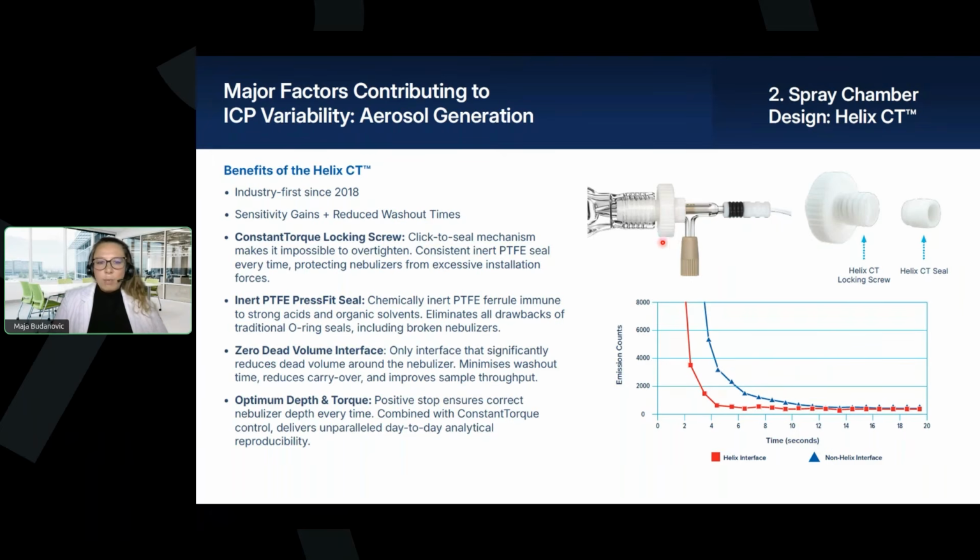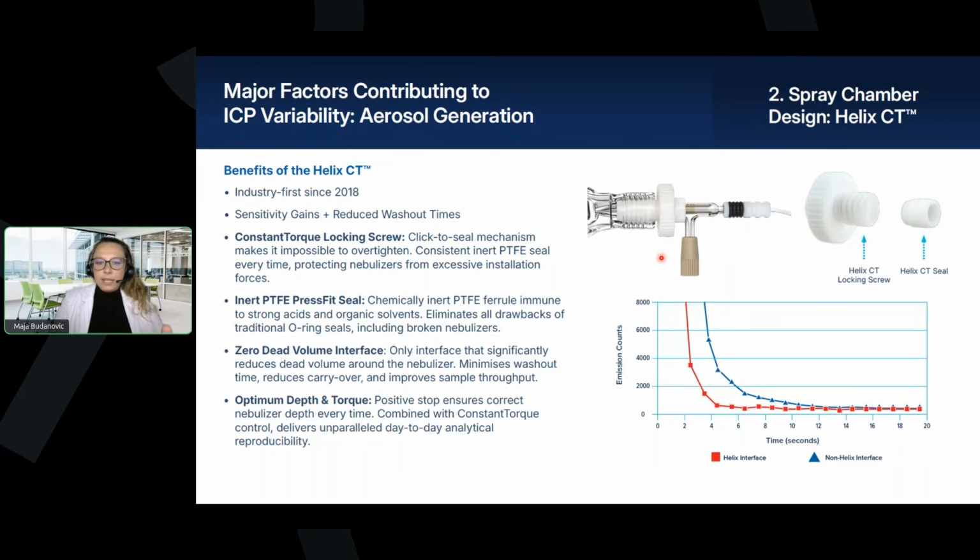One important feature is the constant torque locking mechanism that provides a consistent sealing force every time, which helps avoid issues caused by over-tightening, such as damage to the nebulizer or inconsistent positioning. And the PTFE press fit seal provides a chemical resistant connection without relying on traditional O-rings, which can degrade when exposed to aggressive acids or organic solvents.